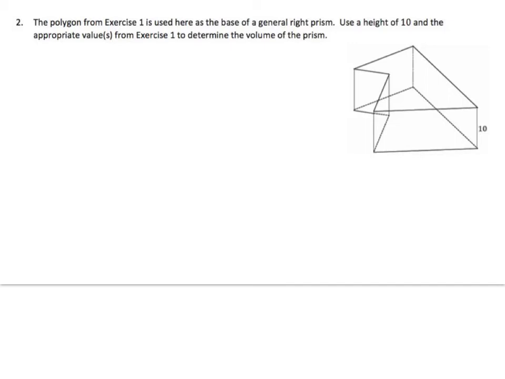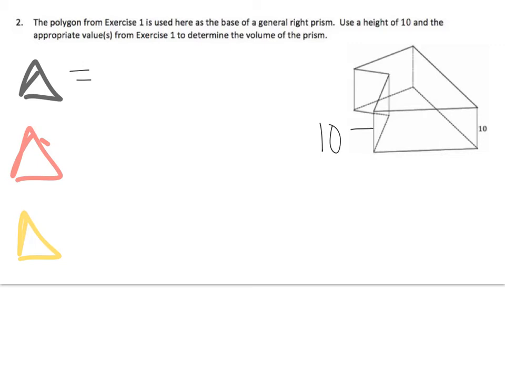Hey, we have volume now. So I'm doing a height of 10. So if you remember, I had 3 triangles and 3 areas. This triangle's area was 30. I'm going to multiply that by my height and get a volume of 300.